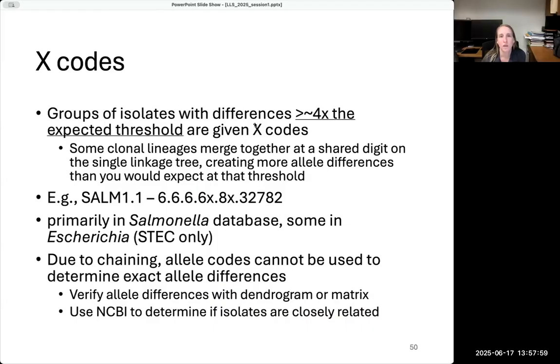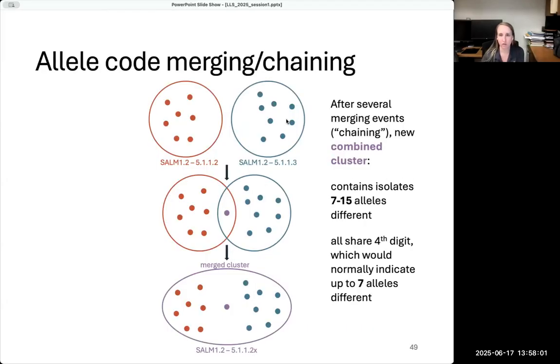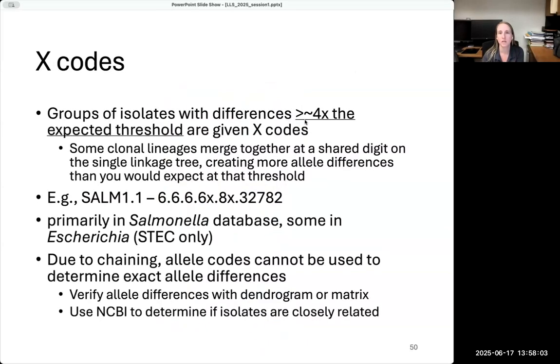X codes are given when the difference is greater than about 4 times the expected threshold. So if it's less than that 4 times limit, it might not be given an X code. Some clonal lineages get merged together at a shared digit, or they're creating more differences than you would expect, just like that example I showed.